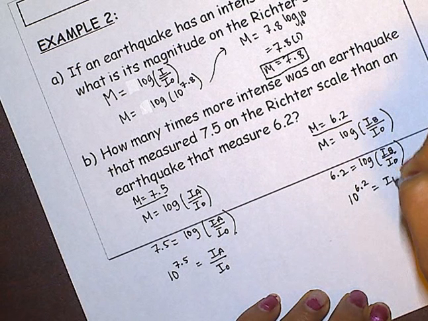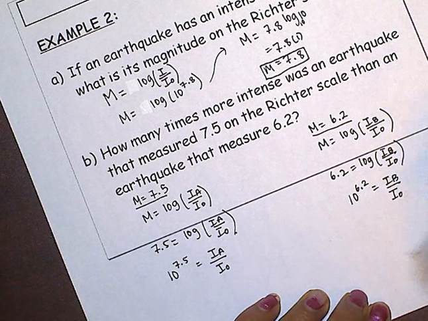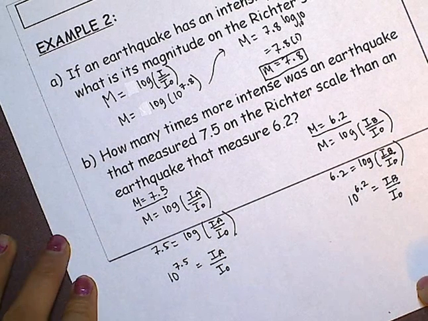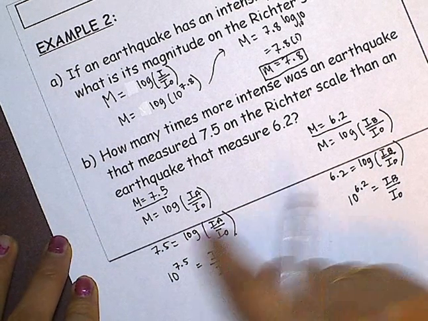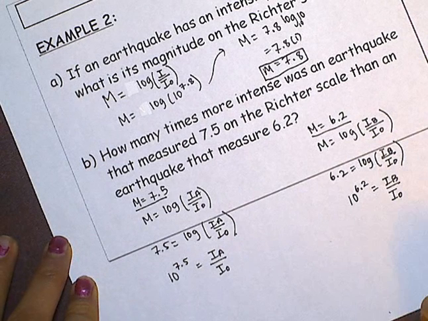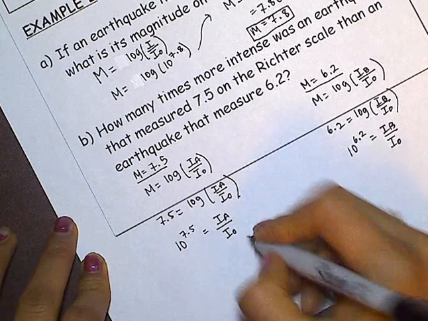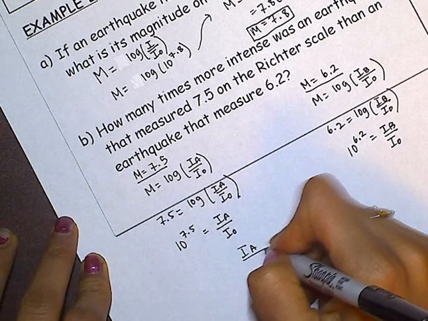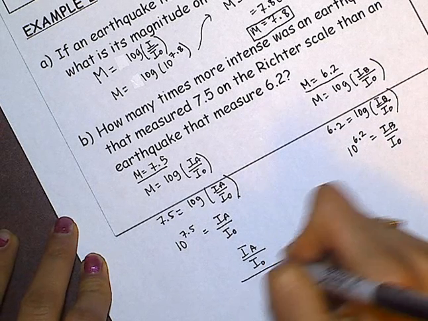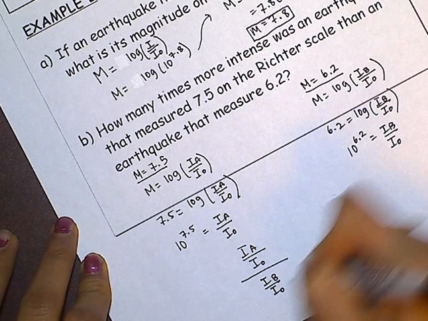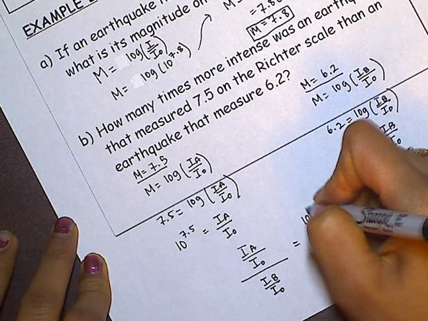Since I'm trying to see how much more intense the earthquake with magnitude 7.5 was versus the magnitude of 6.2, I'm going to divide the two. So I have IA over I naught divided by IB over I naught. That basically means 10 to the power of 7.5 divided by 10 to the power of 6.2.